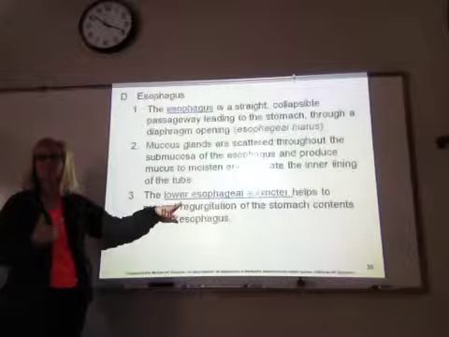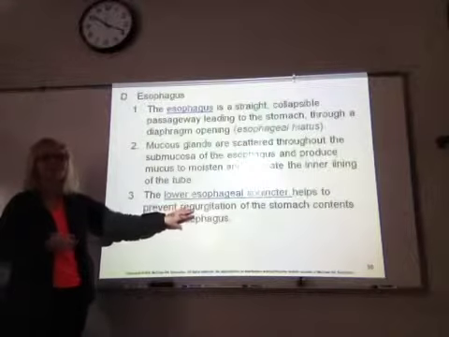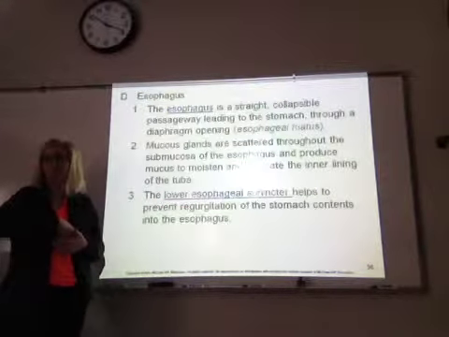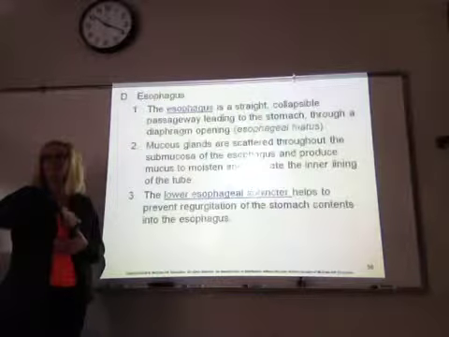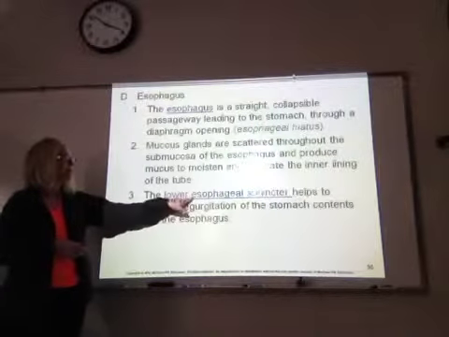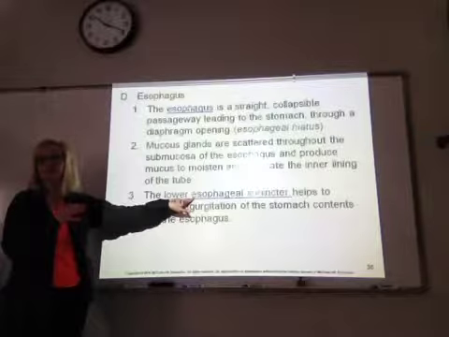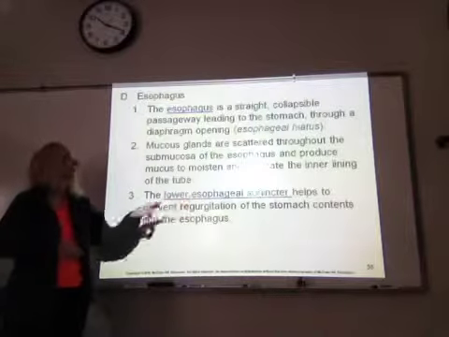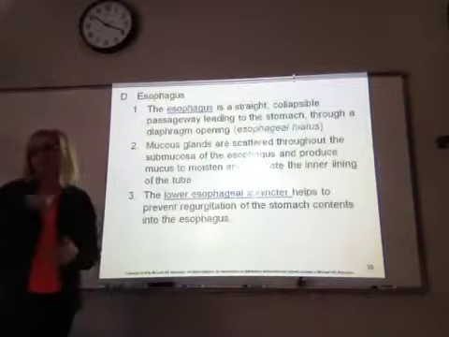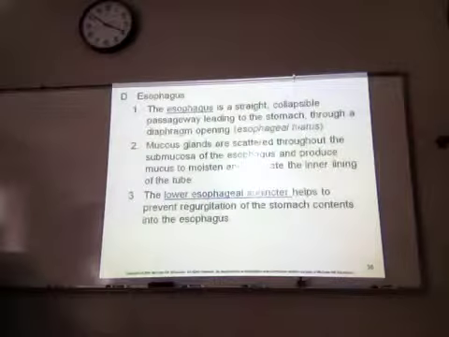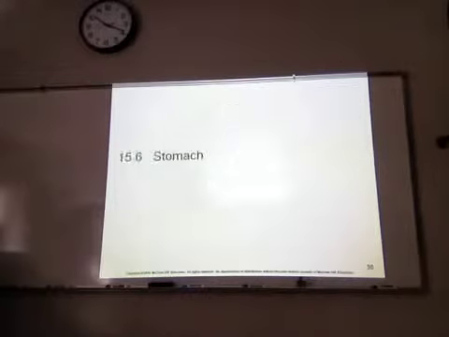A lot of times when people have heartburn, it's some of the stomach contents that leak back up into the esophagus a little bit. Sometimes this sphincter muscle is not working properly, and that is why some of that seeps back up. And that can actually cause wear and tear on your esophagus.